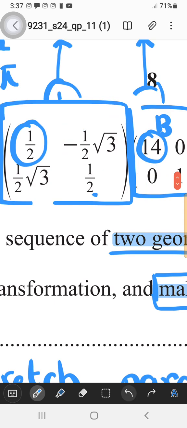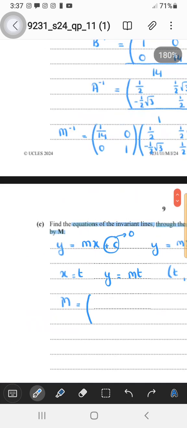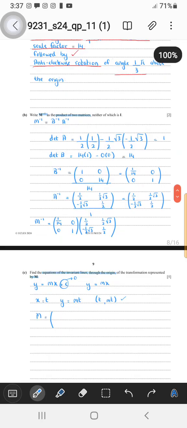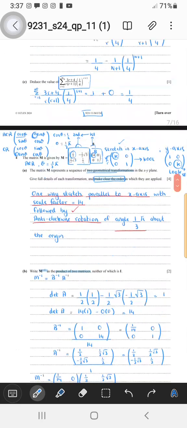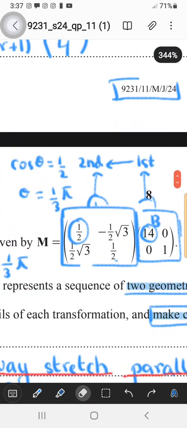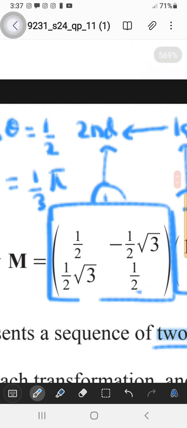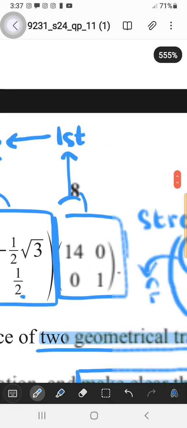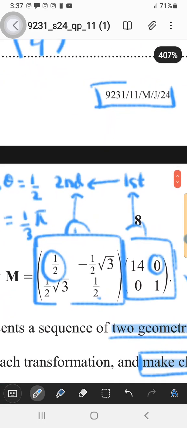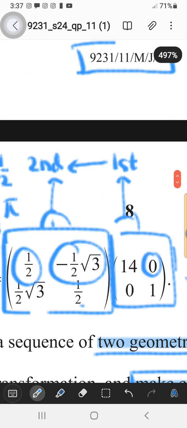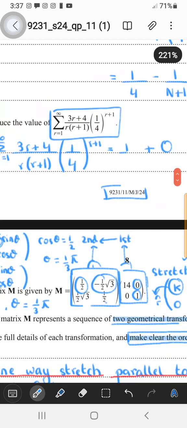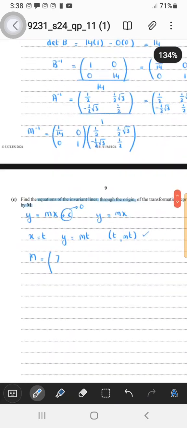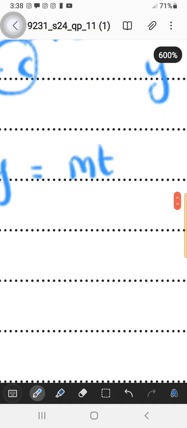Now I will multiply 1 upon 2 with 0. It becomes 0. And then I will multiply negative 1 upon 2 under root 3 with 1. So I get negative 1 upon 2 under root 3 here.